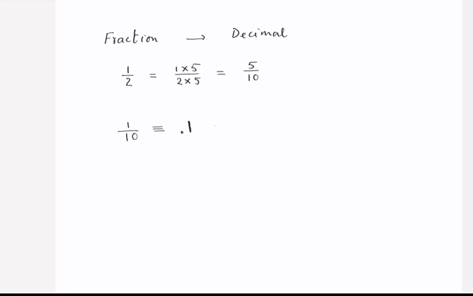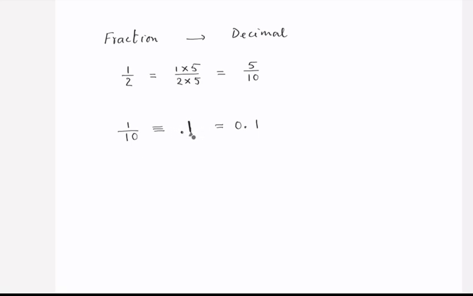Sometimes we also write it as .1. What does it mean? To the right of this point, we write the tiny little part we have taken. We have taken one tiny little part out of 10 such equal parts that make up the whole unit. So this is to emphasize that in 0.1 there are no whole units at all.